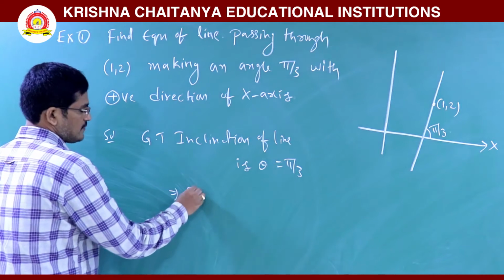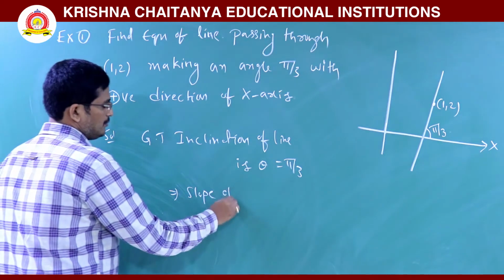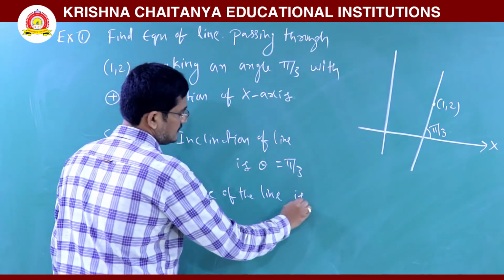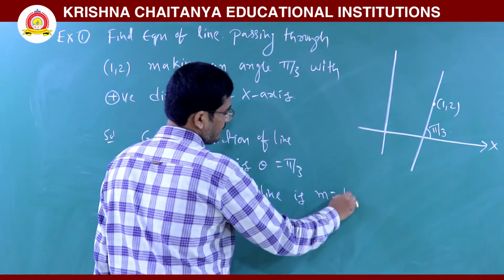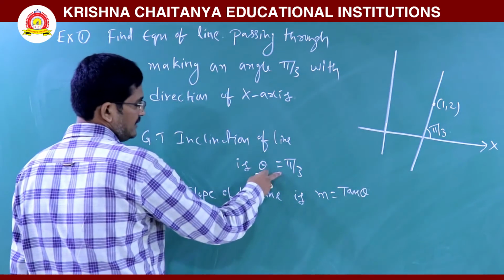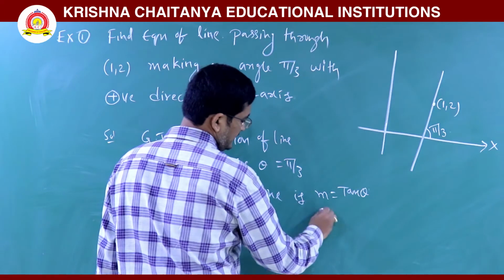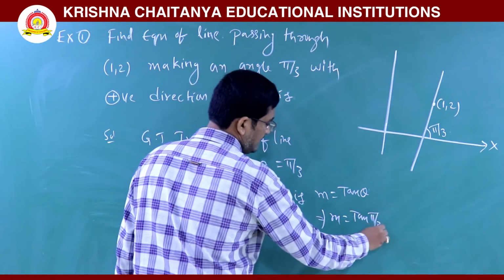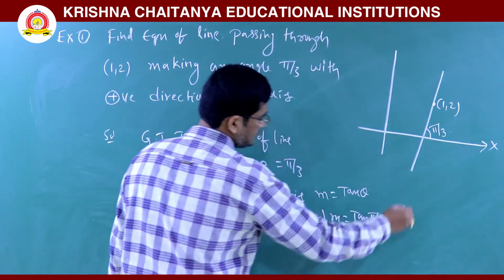This implies the slope of the line is m equals tan theta. What is theta? Pi by 3, so tan pi by 3. Tan pi by 3 is nothing but root 3.